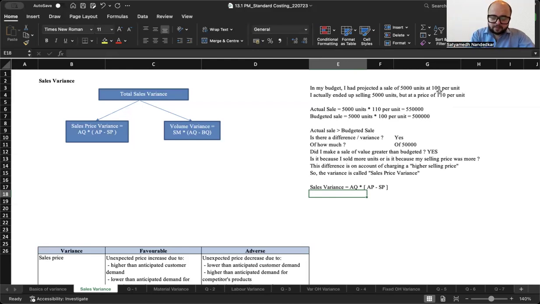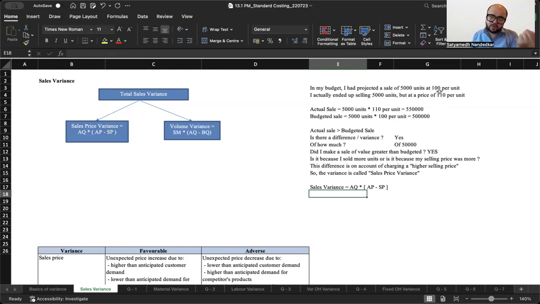Now, let's remember one thing in standard costing variance analysis. Do not associate favorable and adverse variances with plus and minus sign. Make sure that you understand it logically.